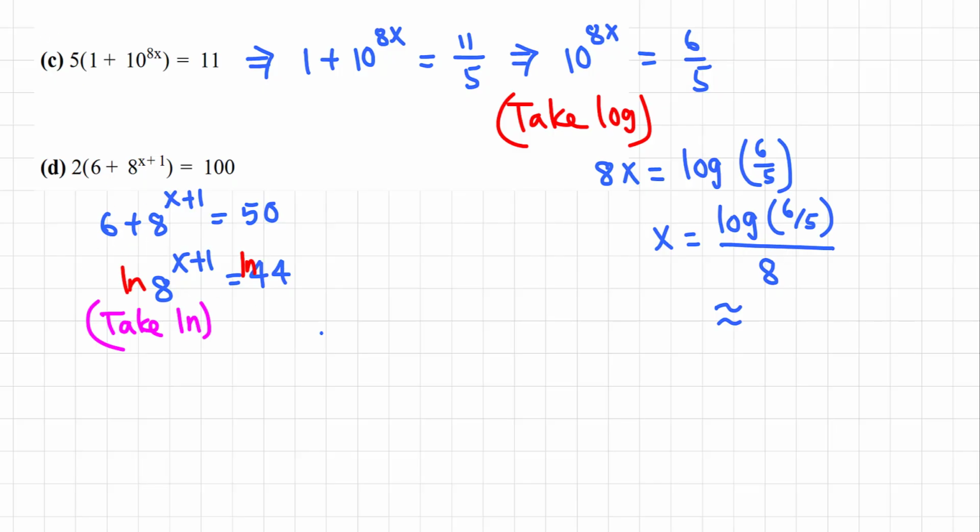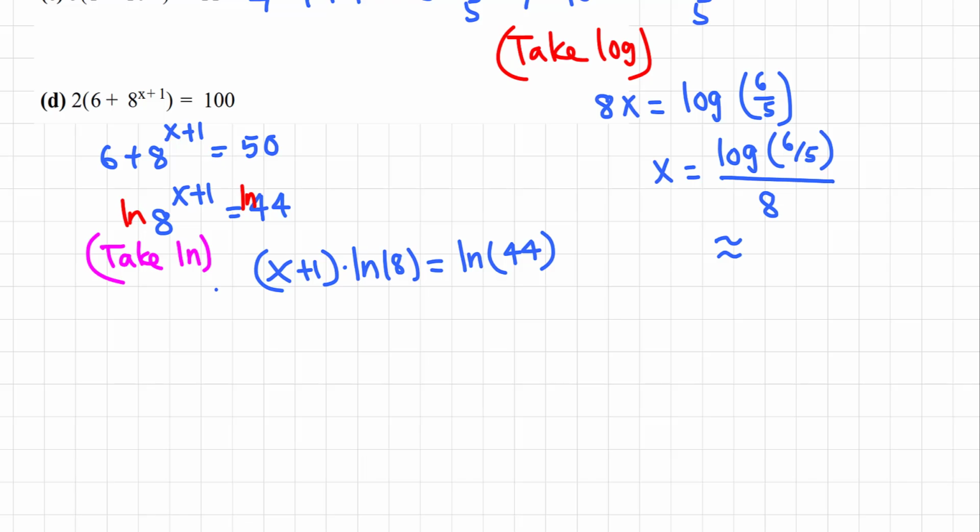That makes x plus 1 jump to the front: x plus 1 times ln of 8 equals ln of 44. Now it's a multiplication, so divide by ln 8. So x plus 1, we don't have to write parentheses anymore because there is nothing to multiply, equals ln 44 over ln 8.